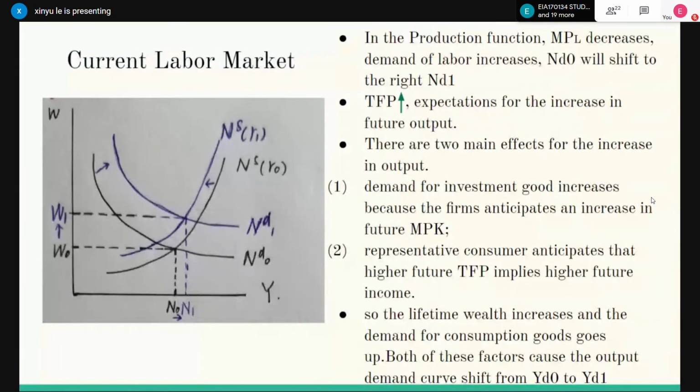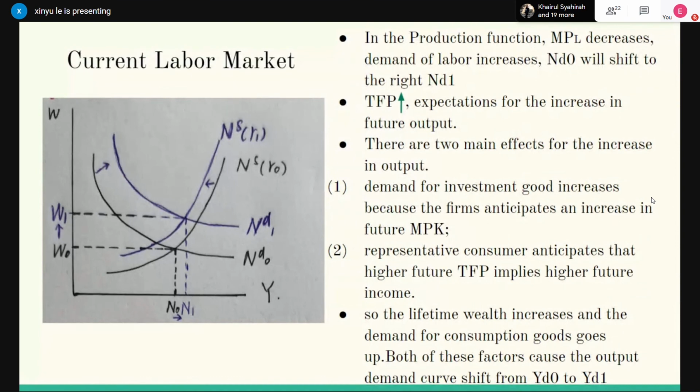Because of the increase in TFP, there are also expectations of an increase in future output. There are two main effects. First, the demand for investment goods increases because firms anticipate an increase in future MPK. Second, the representative consumer anticipates that higher future TFP implies higher future income. Their wealth increases and the demand for consumption goods goes up.